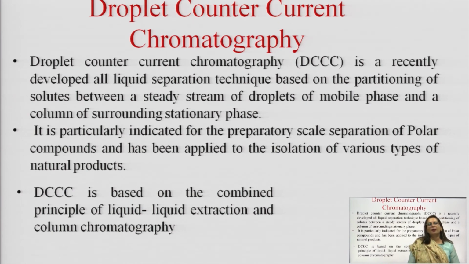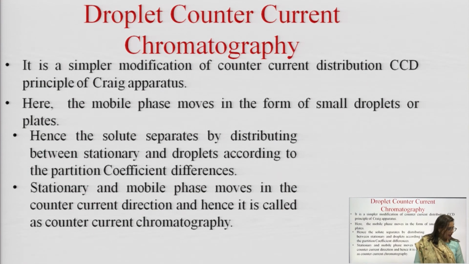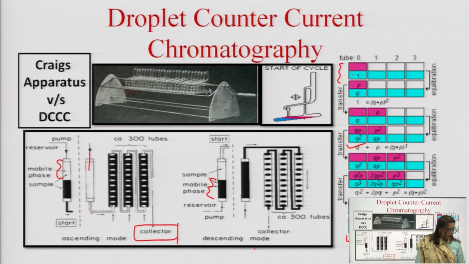In planar chromatography, the examples, as already discussed, are TLC, HPTLC and paper chromatography, while open column chromatography, HPLC and gas chromatography are column techniques. Next, the important discussion was on Craig's apparatus and droplet countercurrent chromatography, wherein droplets were utilized to transfer or distribute the sample present in them into the mobile phase, making more efficient and effective transfer of the isolate, which could be utilized for analytical purposes.